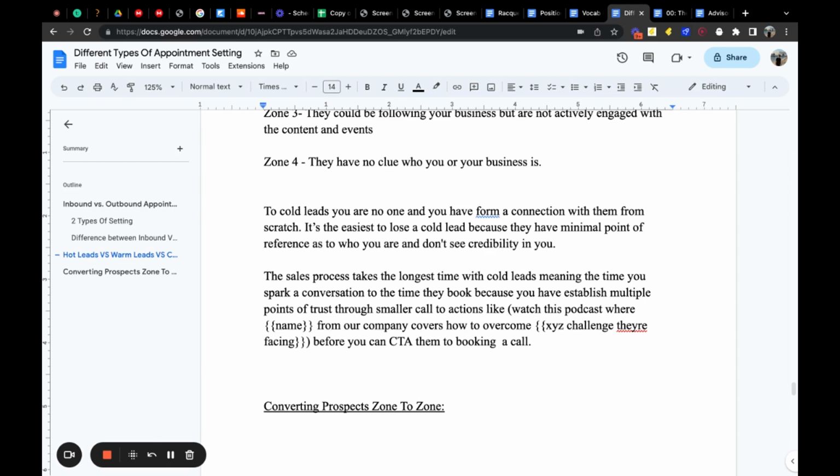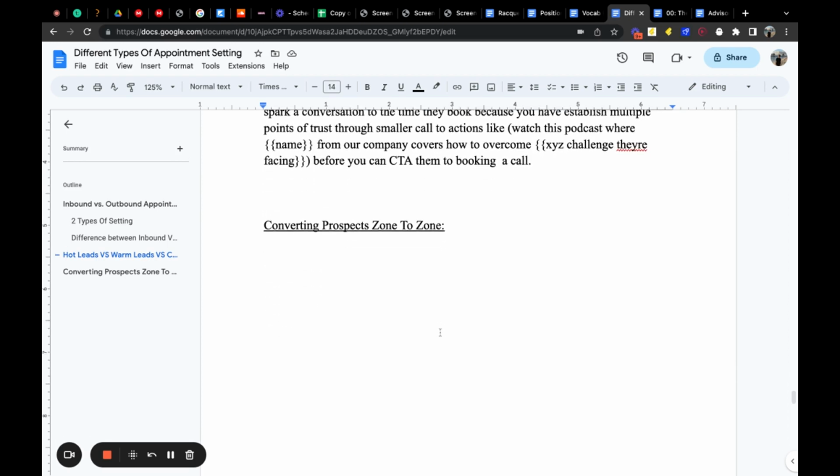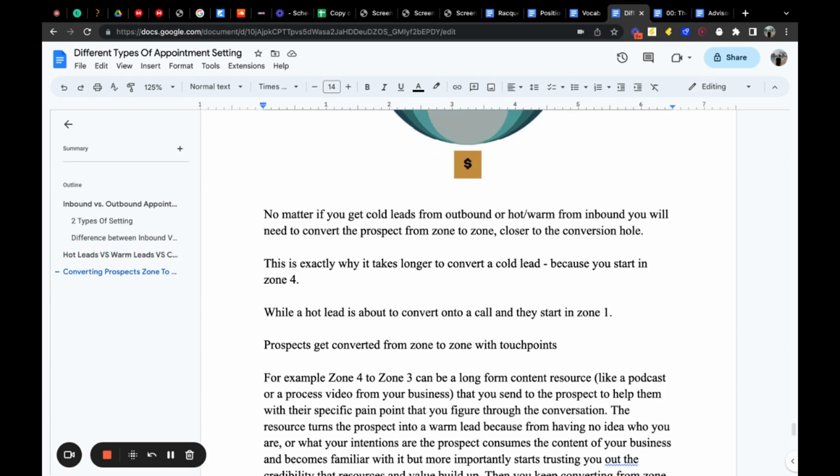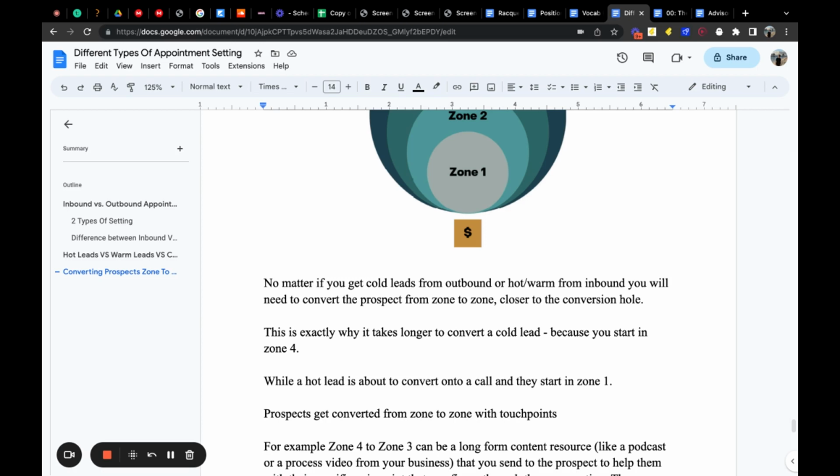And then they see enough value from you and see that you can really resonate with them, that you understand their pain points and you're actually trying to help them solve their pain points, to where they become a hot lead because they see and understand that you can really help them, that you really want to help them and they actually want to be helped and you're the best person at that time. So they become a hot lead who actually wants to buy in, and that's when you book them onto a sales call.